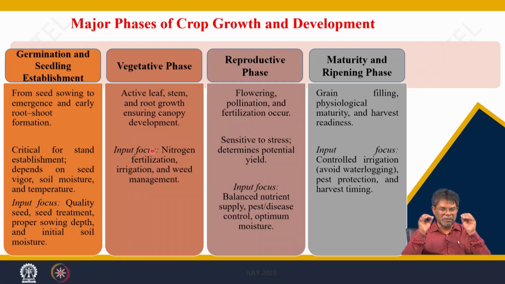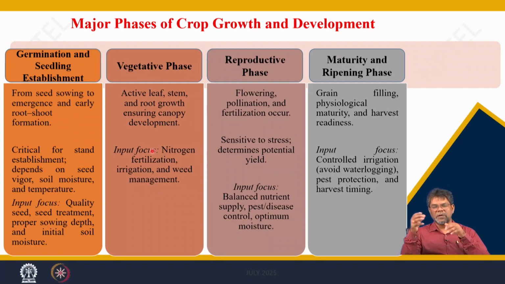Here the focus is input management: nitrogenous fertilizers, the macronutrient phosphorus and potash fertilizers, then irrigation practices, and biotic factors like weed management and pest management, which are important to maintain proper vegetative growth.